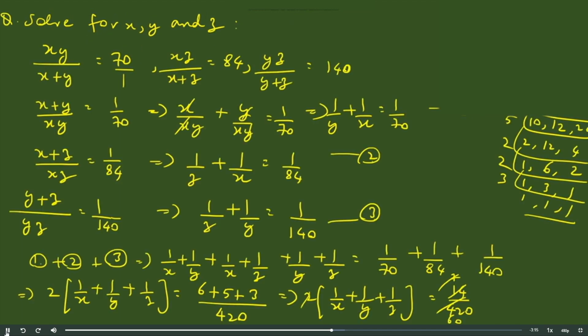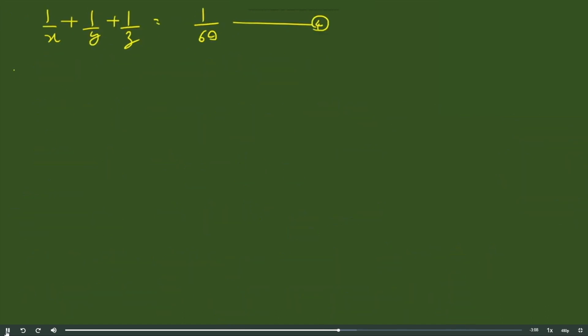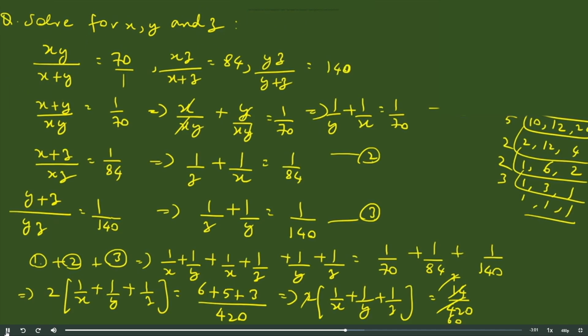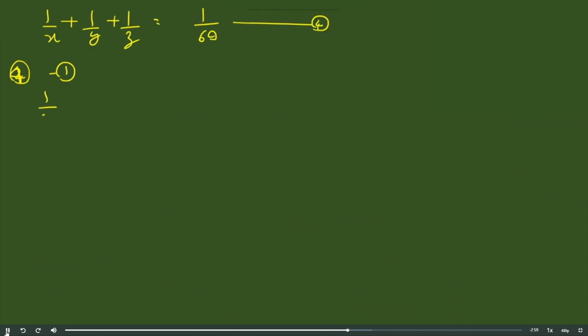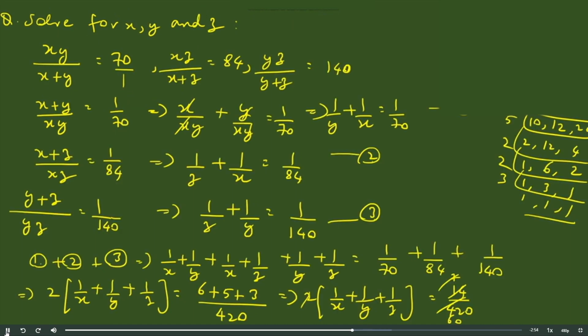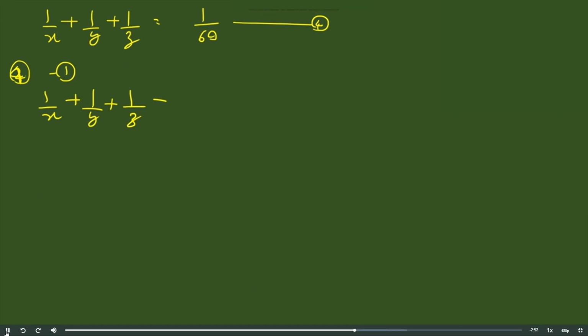If you see the fourth equation, you can take any one equation. You can take the first equation which has x and y. Sorry, from the fourth equation, we can subtract the first equation. That will give us 1 by x plus 1 by y plus 1 by z minus 1 by x plus 1 by y is equal to 1 by 60 minus 1 by 70.